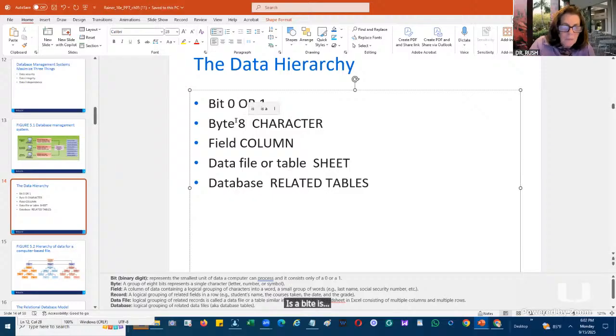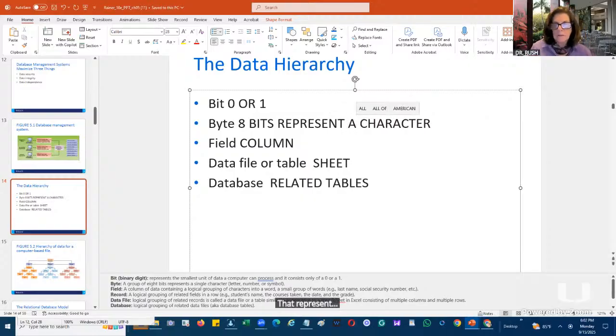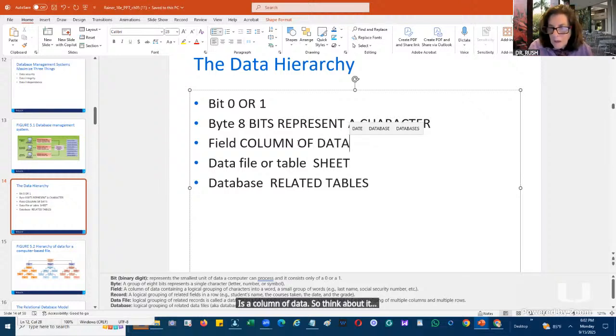8 bits that represent a character. And a field, you can think about a field as a column of data. So think about it, Stephanie, it's like a spreadsheet.